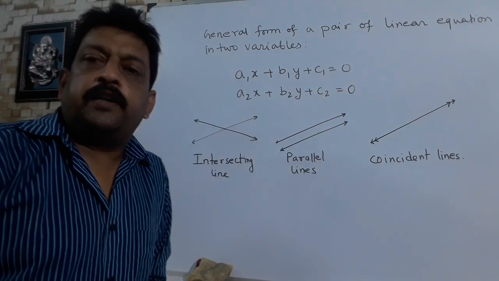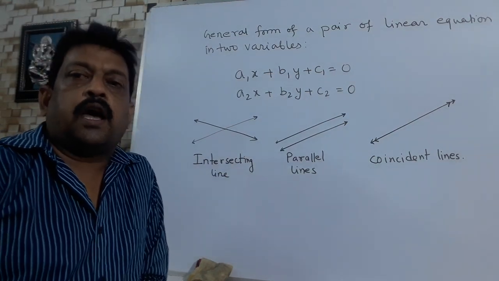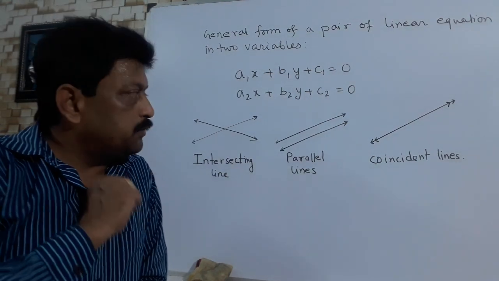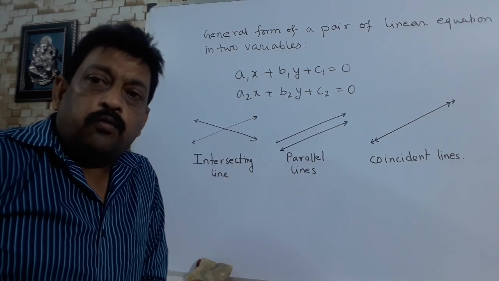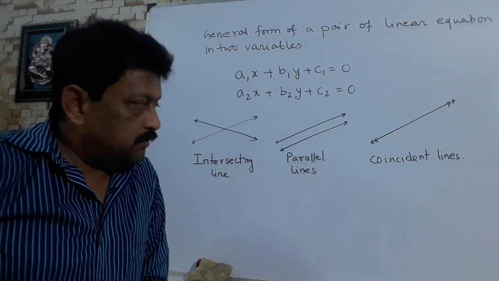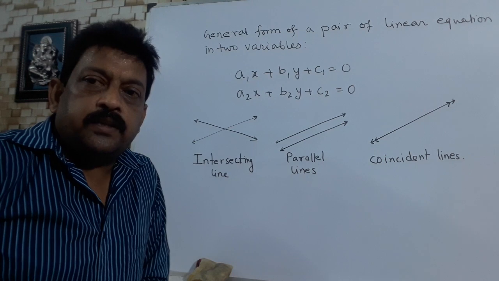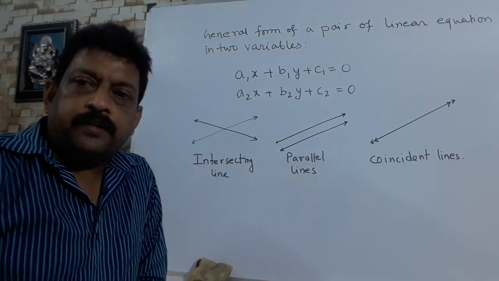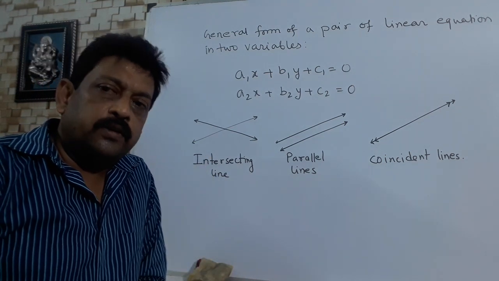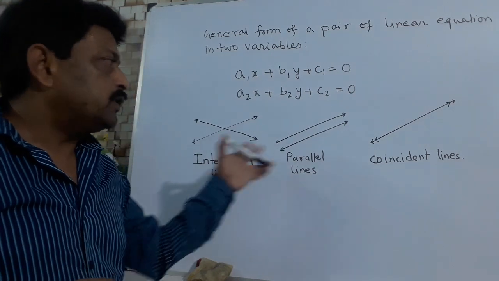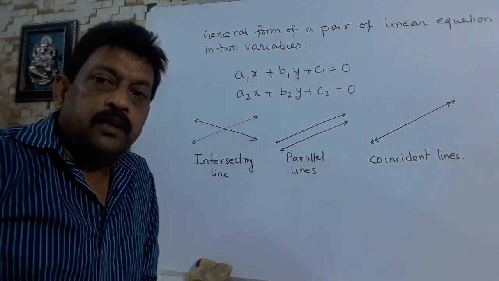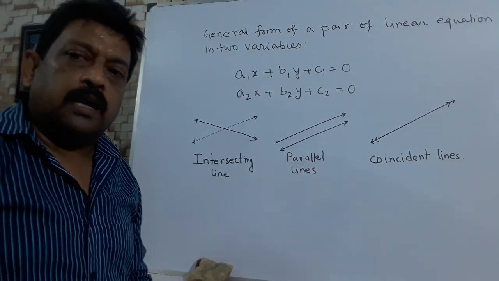So if a pair of linear equations is given to us and we are asked to plot them on the graph paper and obtain what kind of lines are represented by them, then we will first find the solution set and then plot it on the graph paper, and the nature of the lines will become clear to us after plotting them on the graph paper.